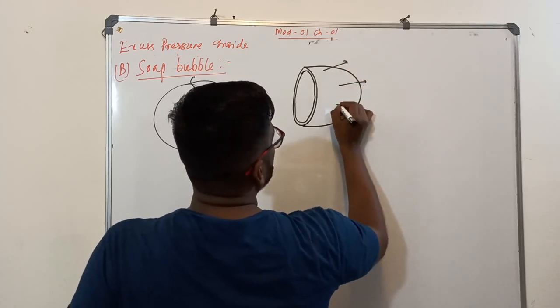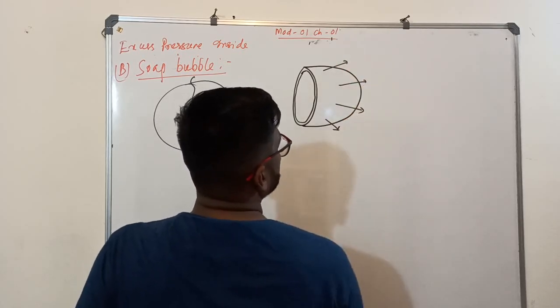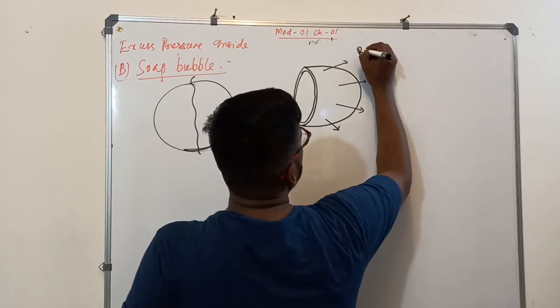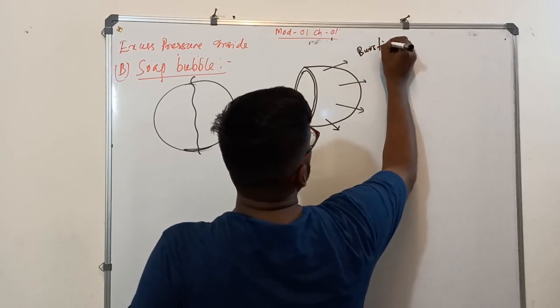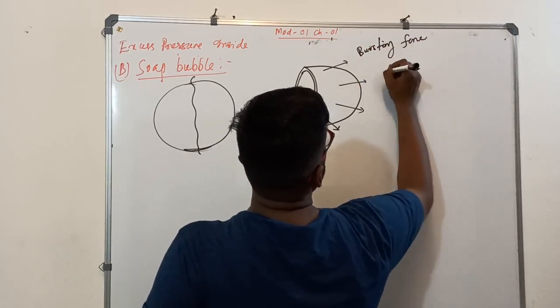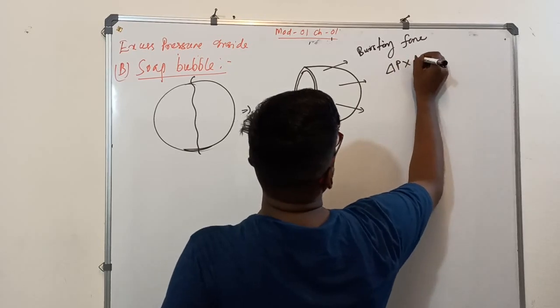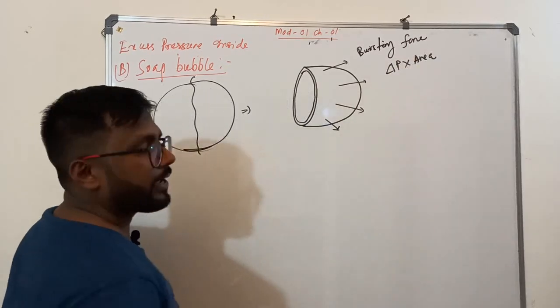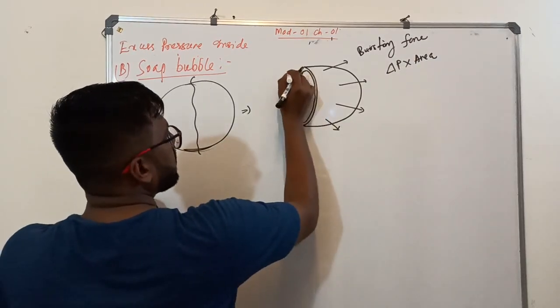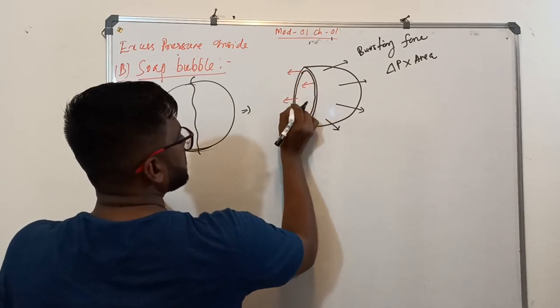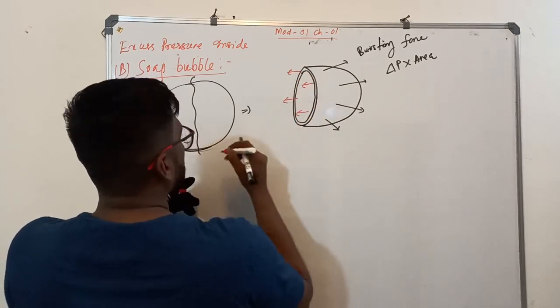What is this? Sir, bursting force because of the excess pressure inside. That is delta P into the area. Now what is here? Come on, sir. This is restoring forces. What is this?